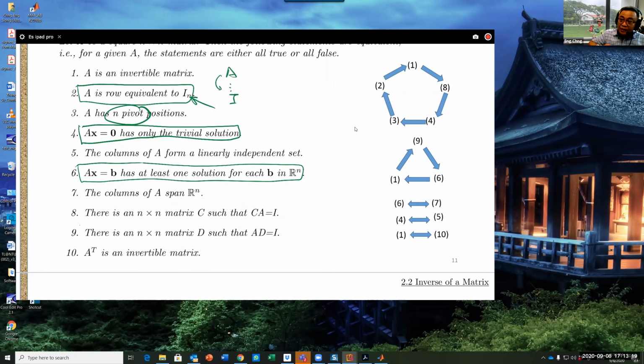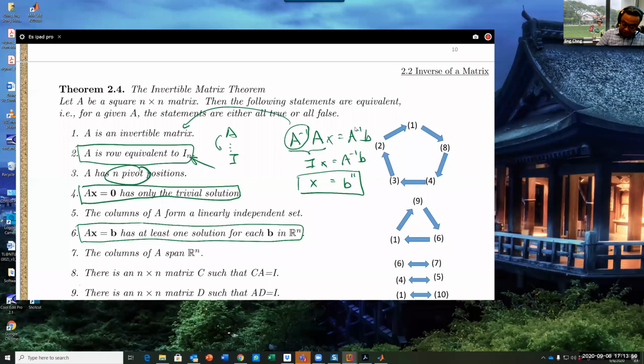In the beginning, I use A inverse times Ax equals A inverse times b to reduce to Ix equals A inverse times b, which reduces to b double prime. And then here I claim that it is unique. So in the first place, I have used this. You have to study this invertible matrix theorem, and once one of the statements is true, it means all the rest of the statements are true. Okay?